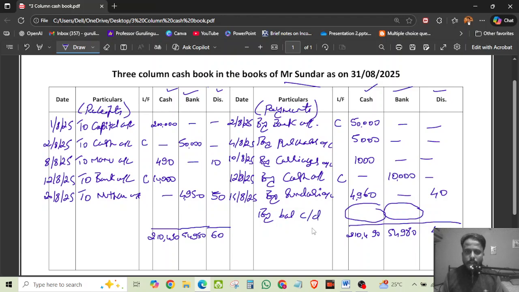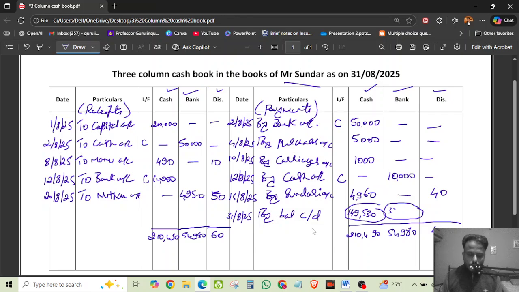That is balance carried on; August month usually has 31 days. From this 2,10,490 you have to deduct all these items: 50,000, 5,000, 10,000, 1,000 and 4,960. Then the balance you will get for the cash column is 1,49,530.